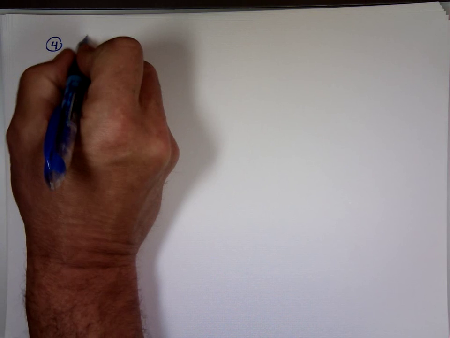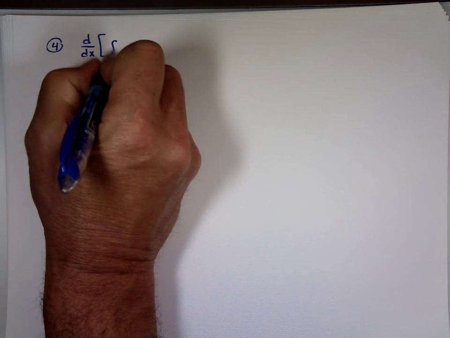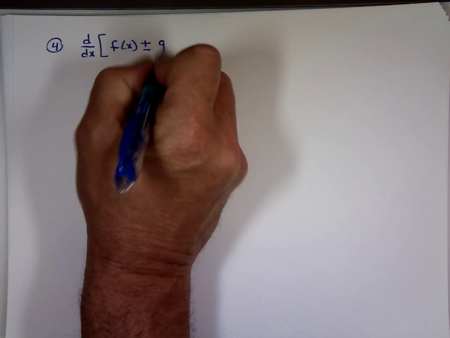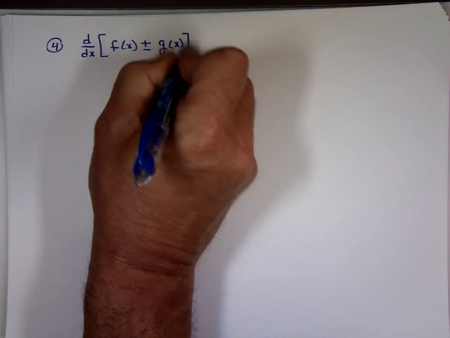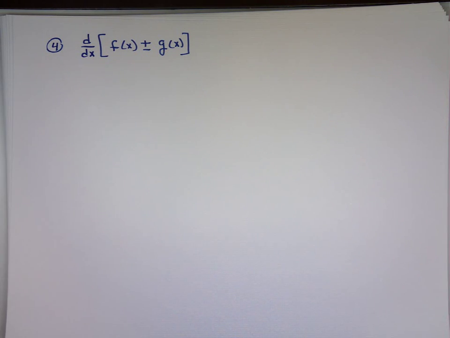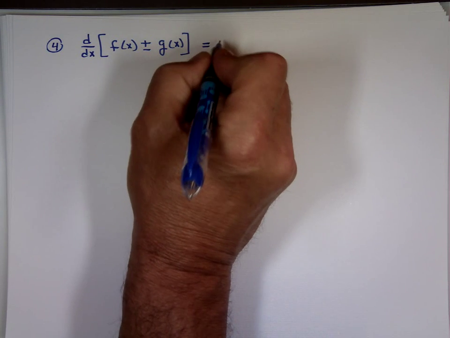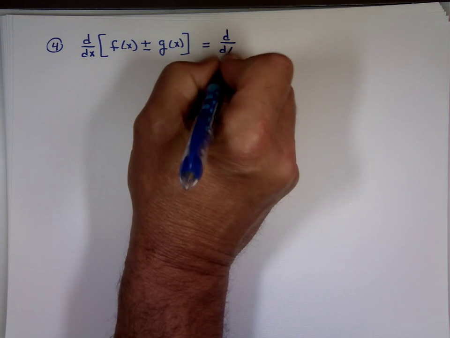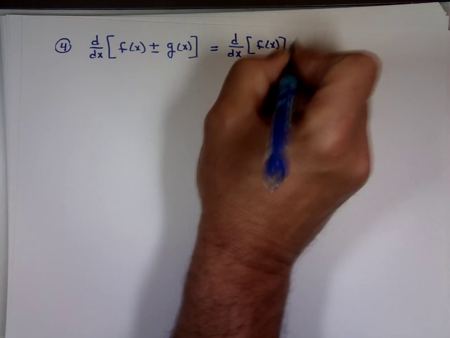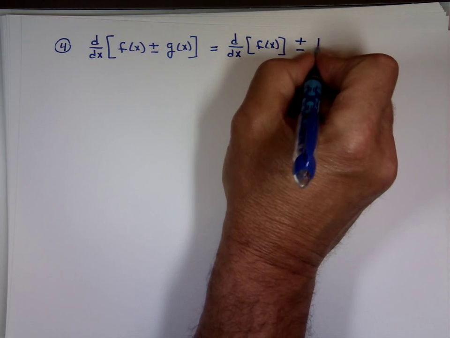The derivative of f of x plus or minus, doesn't matter if you have addition or subtraction, you can actually break it down to the derivative of the first one, and if it's plus, stays plus. If it's minus, stays minus. The derivative of the second one.